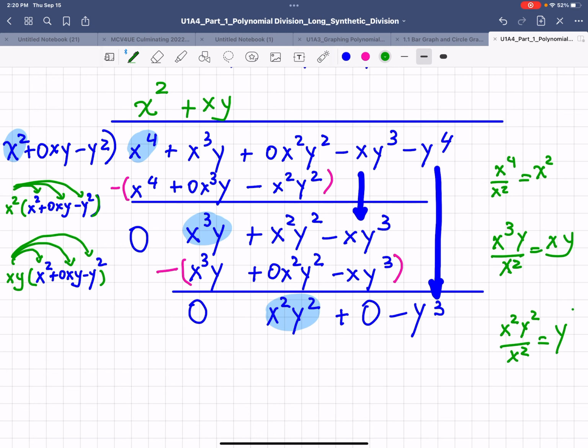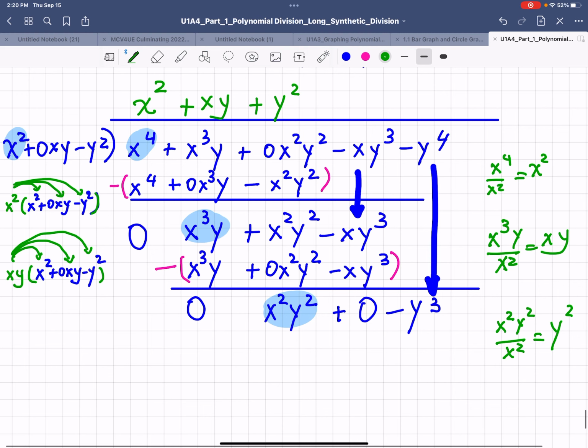It seems that x squared is going to go into x squared y squared, y squared times. So again, same idea. We're going to take y squared and multiply it by the divisor, which is x squared plus 0xy minus y squared.